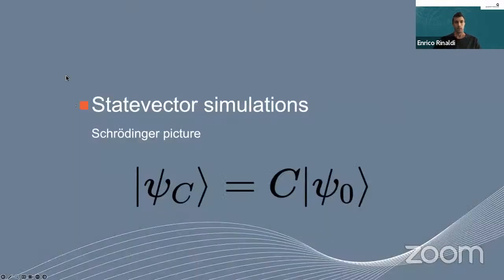So there is a lot of research in this specific topic, many years of literature and grant money spent on this, but I want to focus on a single example of simulating quantum computers, which goes under the name of state vector simulations in the Schrödinger picture.